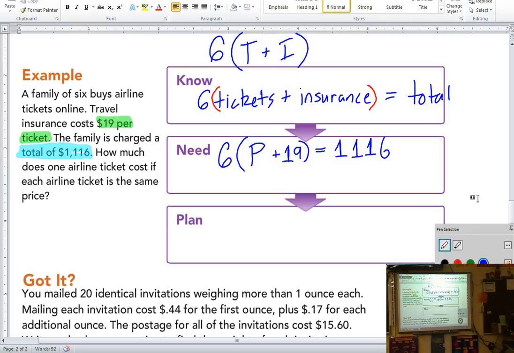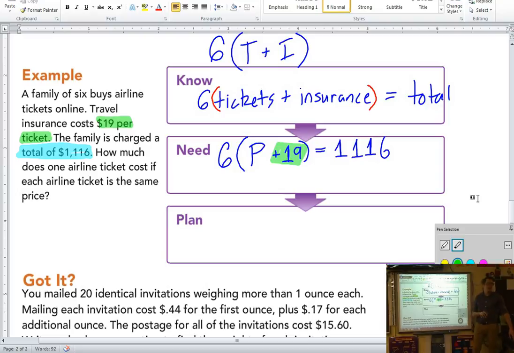Ooh. This 6 on the outside either needs to distribute first before you can subtract, or you have to get rid of that 6. You can't subtract while that 19 is stuck inside the parentheses. Thank you for that question. Justin just pointed out something really good. This plus 19 cannot be the first thing you deal with because it is trapped inside of the parentheses.